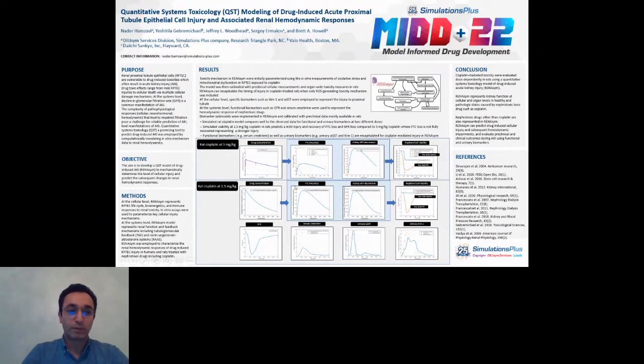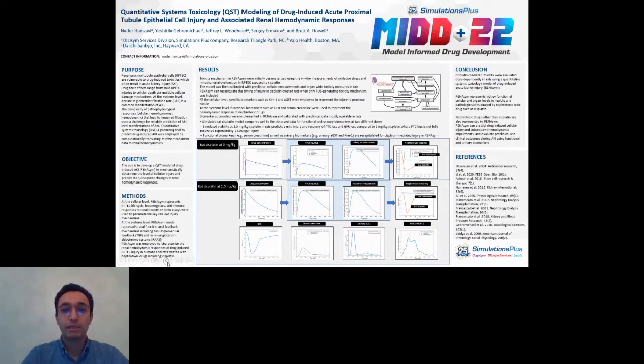So first, we look at this special type of kidney cells called proximal tubular cells, since they are at the forefront of the exposure to drugs and they are vulnerable to drug-induced toxicity, which often, I think 20 to 30%, leads to acute kidney injury.